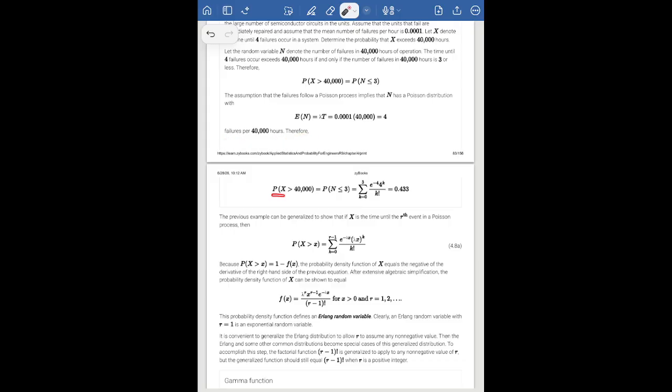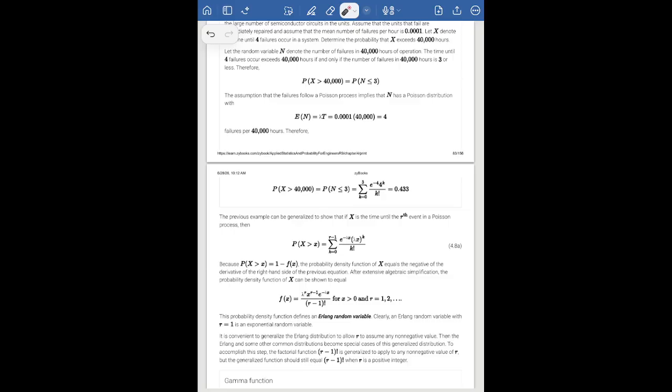So then the probability of our X being greater than 40,000 is going to be N less than 3. And the probability of us having less than 3 errors.